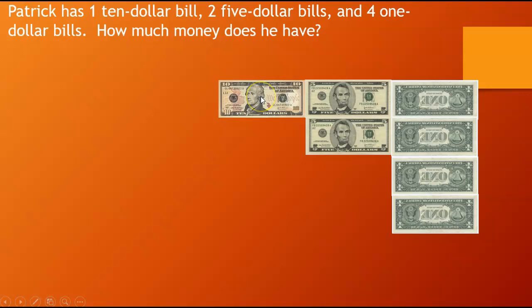What comes after 10 if we're counting by 5s? 10, 15, 20. And now we're going to count by how much? 1s because these are $1 bills. So we got 20, 21, 22, 23, 24. How much do we have? $24. And I have my dollar sign here to show that it's $24, not 24 cents.